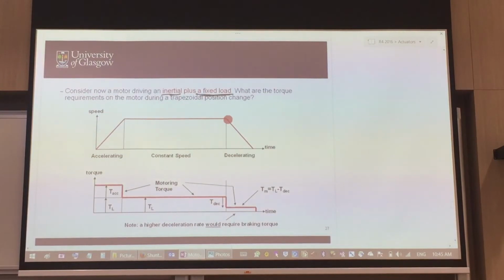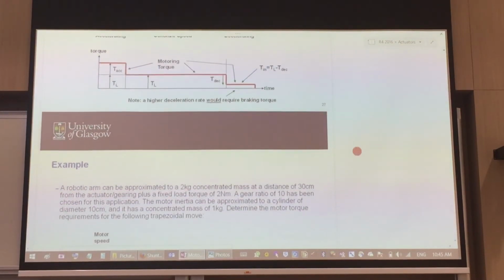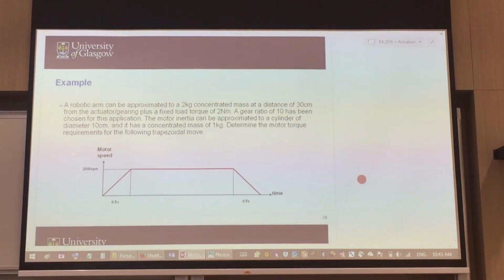So that means this slope is steeper. But the following example, this example over here, shows that it's equal amount of time. I'll try to solve it so that it allows you to do your homework as well, which I'll be uploading after this lecture.